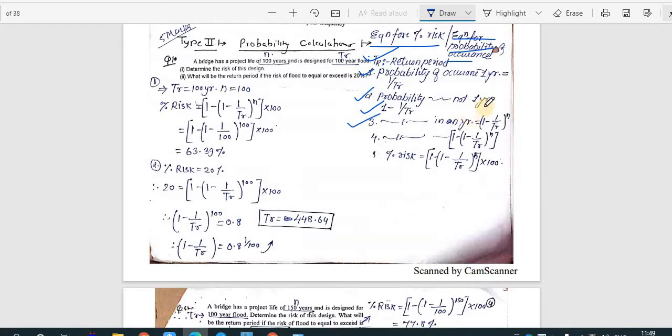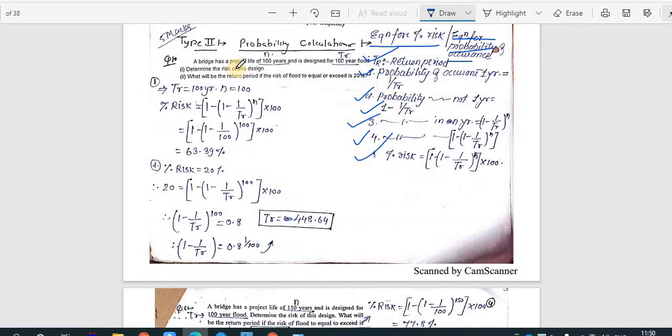For n number of years it will be (1 minus 1 by TR) to the power n. For occurrence at least once it is 1 minus (1 minus 1 by TR) to the power n. The percentage risk is calculated by 1 minus (1 minus 1 by TR) to the power n, into 100. We will use all these formulas in the numericals.